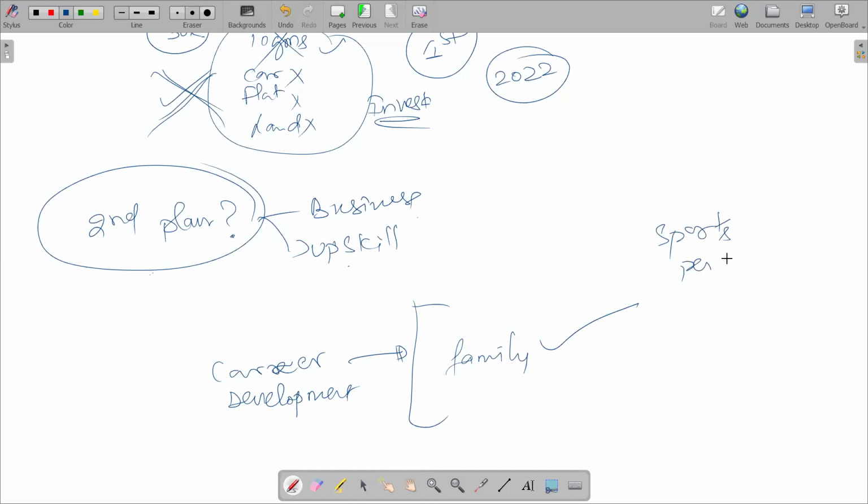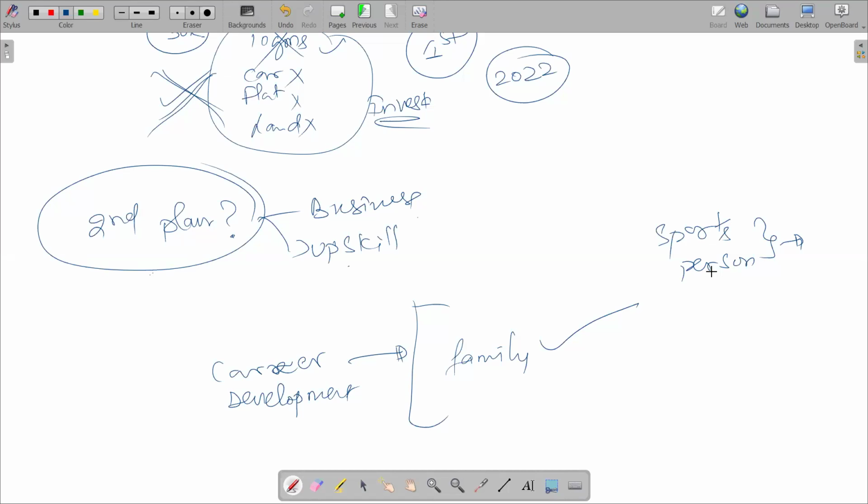Sports persons generally have coaches. Sports is their career. Kohli's career is sports, Dhoni's career is sports. They have multiple expert coaches who balance the mental, emotional and physical sides. A physical fitness coach is there, a mental coach is there, a career coach is there.